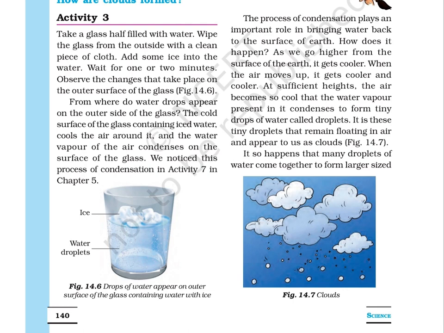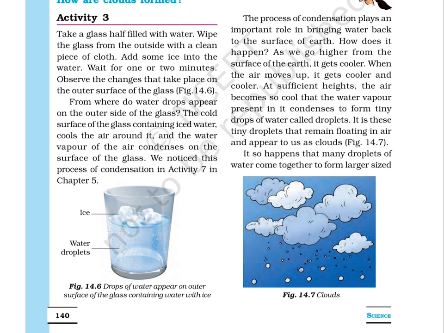It is these tiny droplets that remain floating in air and appear to us as clouds. Figure 14.7. It so happens that many droplets of water come together to form large-sized drops of water. Figure 14.7 shows clouds. Page 141.